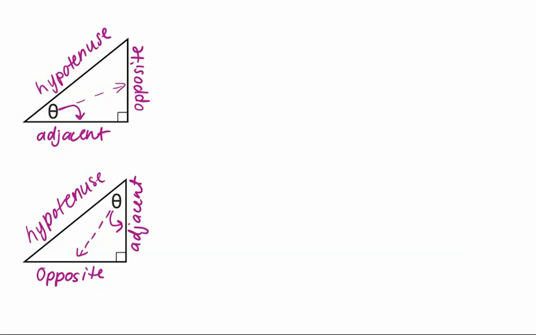And there are specific ratios between the lengths of sides on a triangle, no matter how large or small that triangle is. If we take a triangle with a given reference angle, say 30 degrees, no matter how big or small we make that triangle, it will have the same ratio between its side lengths. The first ratio that we talk about is called the sine ratio.